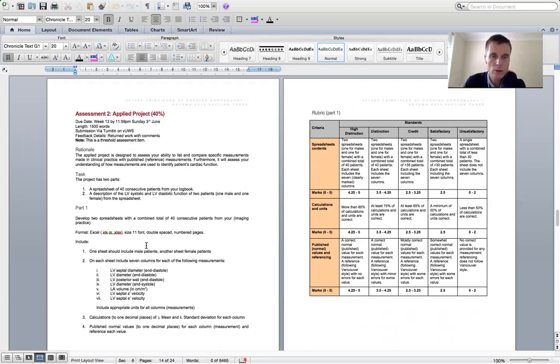But what you need to include in the spreadsheet are these 7 measurements, obviously in 7 columns. These 7 measurements for each of the patients.